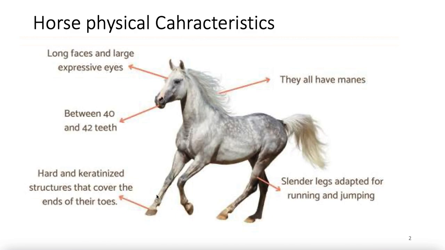The other one is that it has cylindrical legs which end at the hoof, and this hoof has been developed from the third digit, the third toe, with the passage of time, with the evolution. As you know, if we talk about its ancestor, it's almost 50 million years ago.